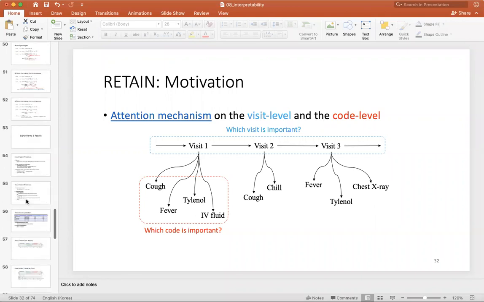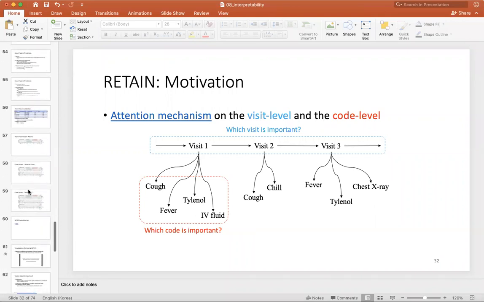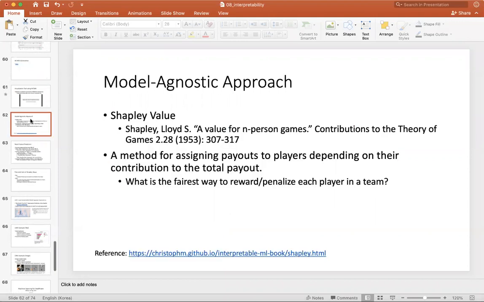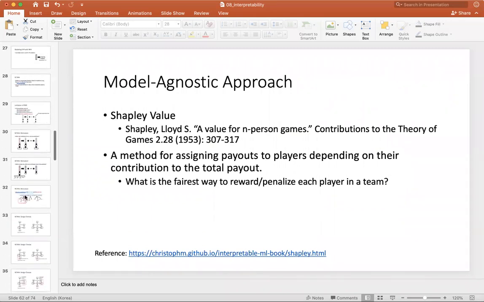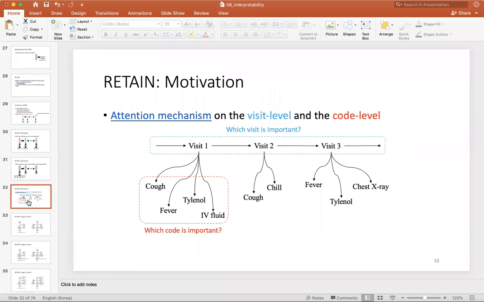We have Retain today, and then Model-Agnostic approaches. Wow.